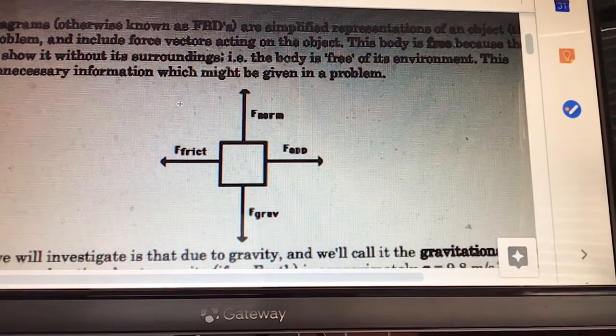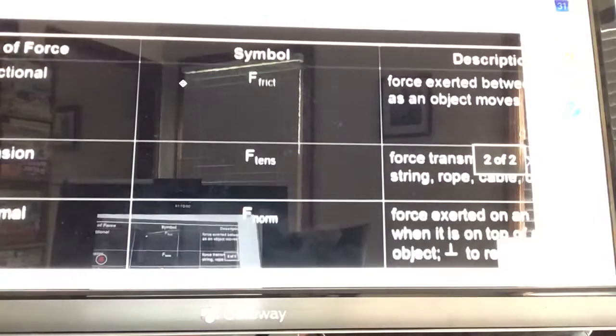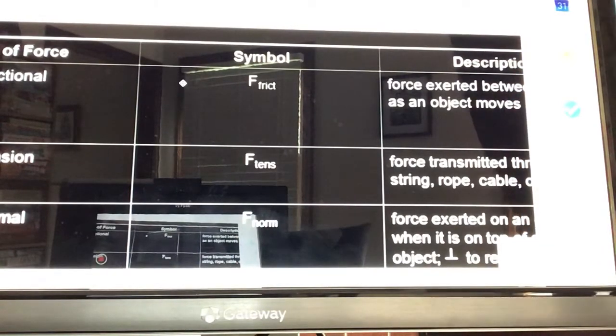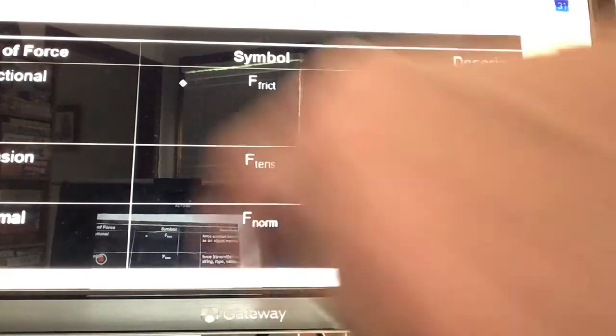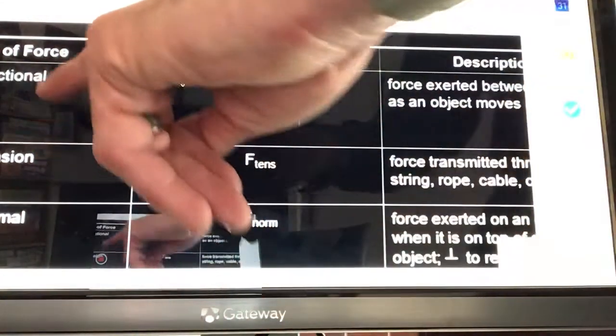Okay, so let's run through the types of forces involved. Again, frictional force. Hope you guys can see that okay. Got a little bit of a reflection on the screen, but we can get through this.